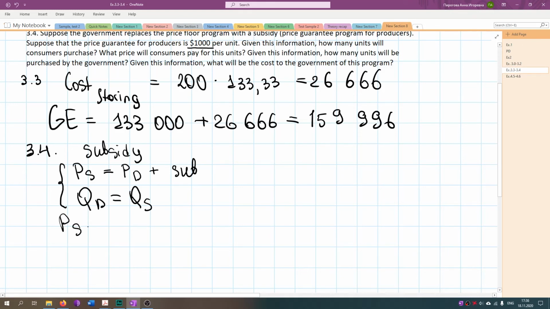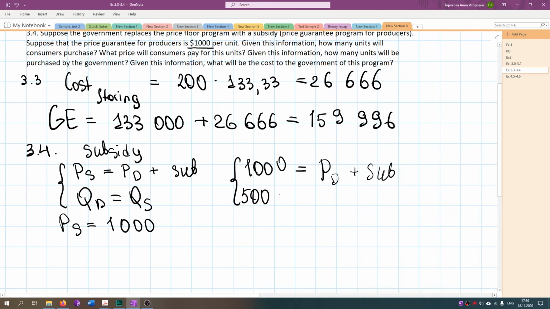And price for suppliers, as it is guaranteed, it will be 1,000. So we fix it and we insert our numbers. Instead of price for suppliers, we take 1,000. Price for buyers, and subsidy.